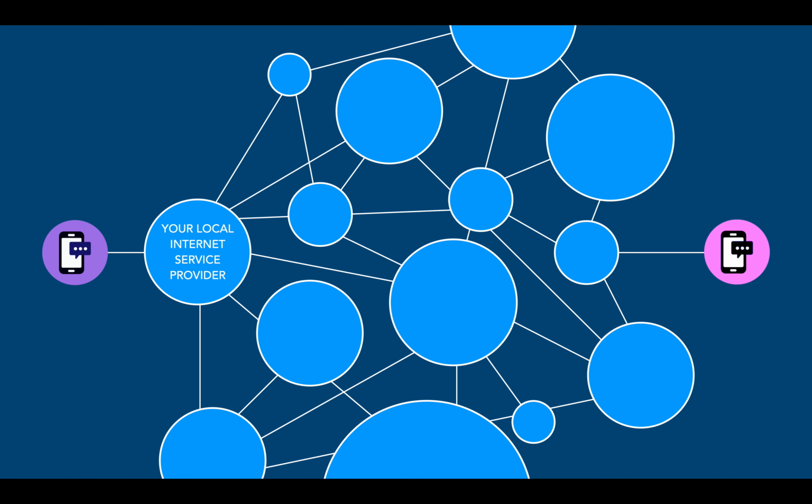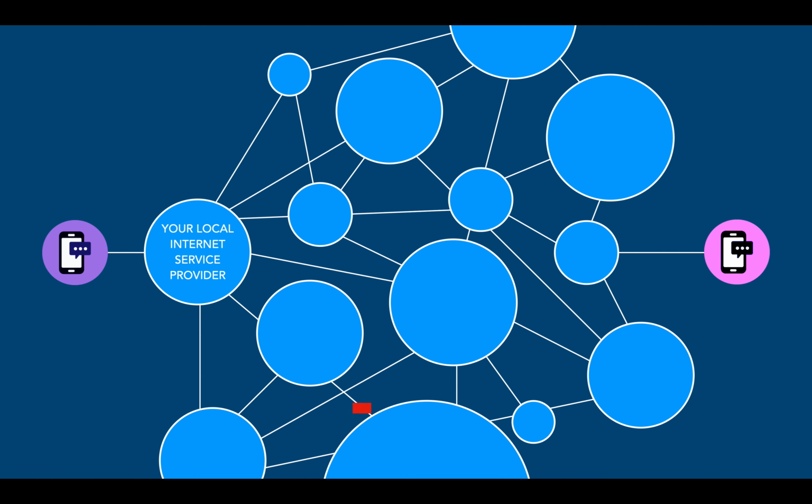The path in which the packets go varies depending on a variety of factors, whether this is the country that you are sitting in, the country that it needs to go to, or simply the amount of traffic that is currently on the network. So the first place a packet will go is to your local internet service provider.